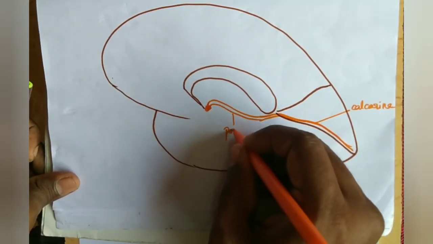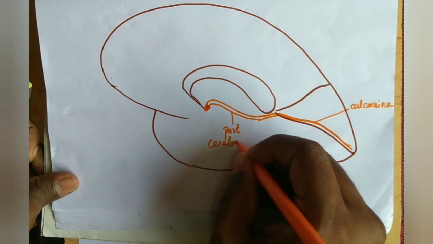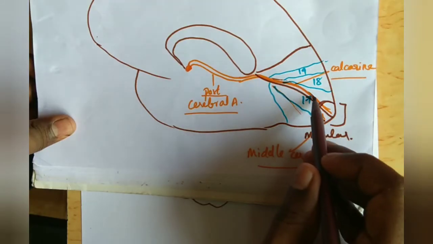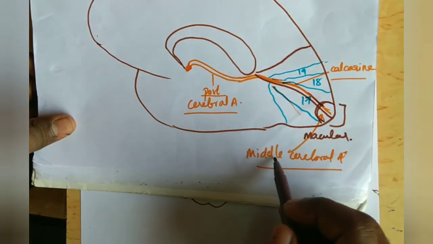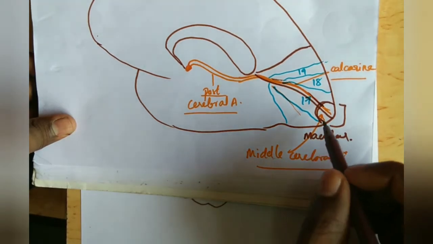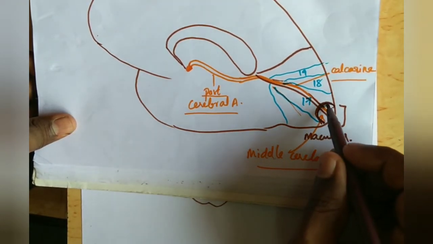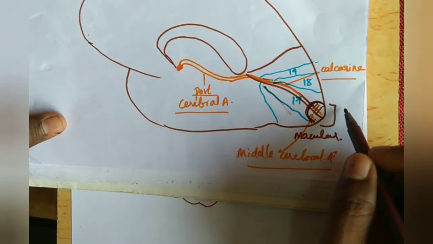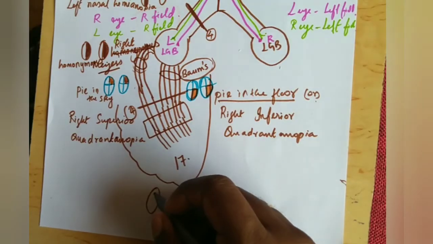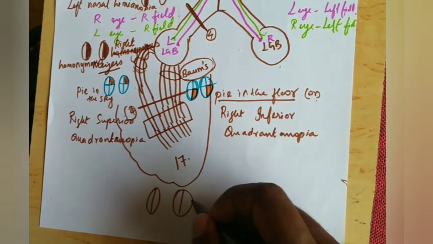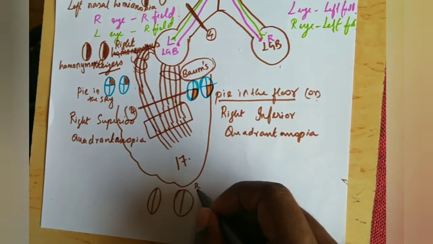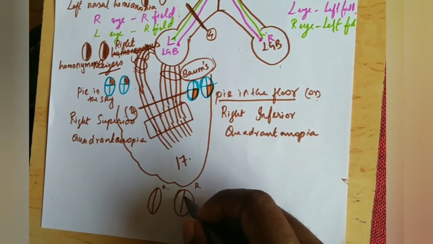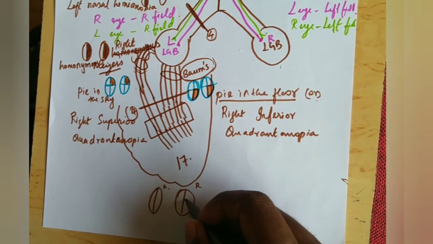In a posterior cerebral artery infarct, the visual cortex is affected, but the macular region also receives blood from the middle cerebral artery, hence it is spared. Macular region is spared. So this is taking the right field of both the eyes, but the macula should not be affected.